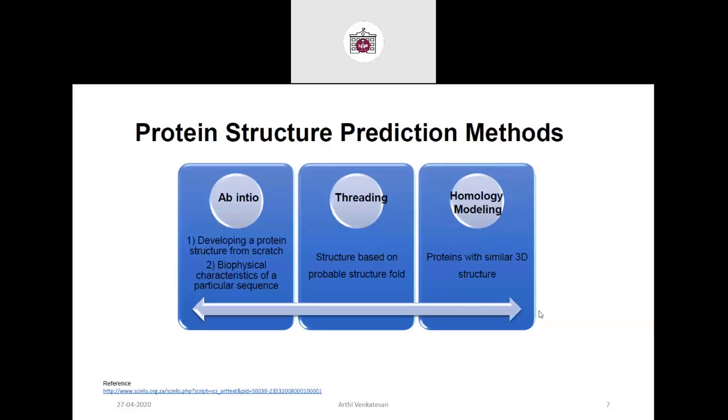If it is less than 10 percent, in that case we'll go for ab initio. It starts from scratch. So this is the overall idea of how structure prediction works in a real example. I guess this might give all the students a good idea.